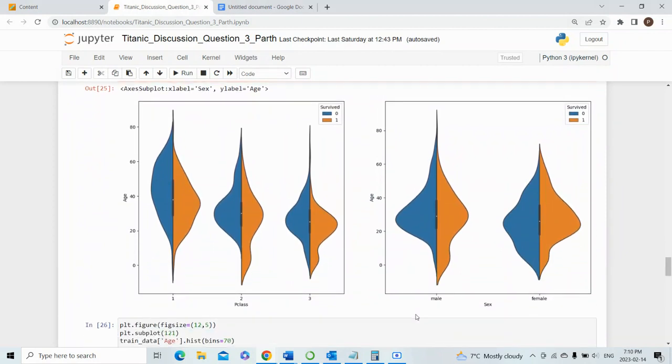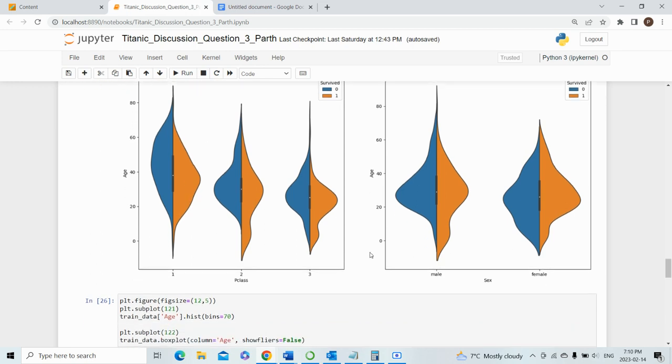This is another graph showing the age of the people and what class they were in. You can also see the blue part as the people who survived, and the orange part as the people who did not.